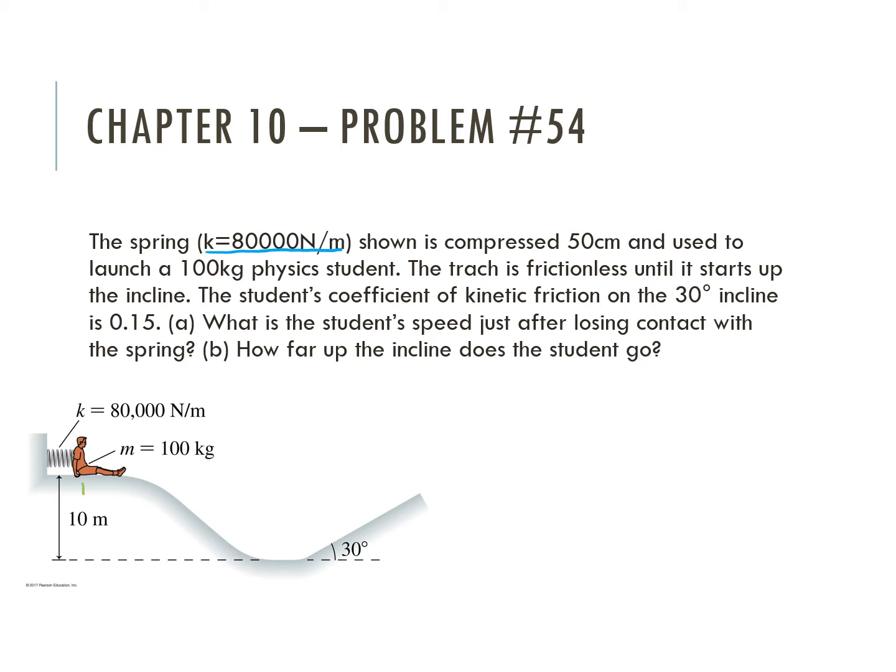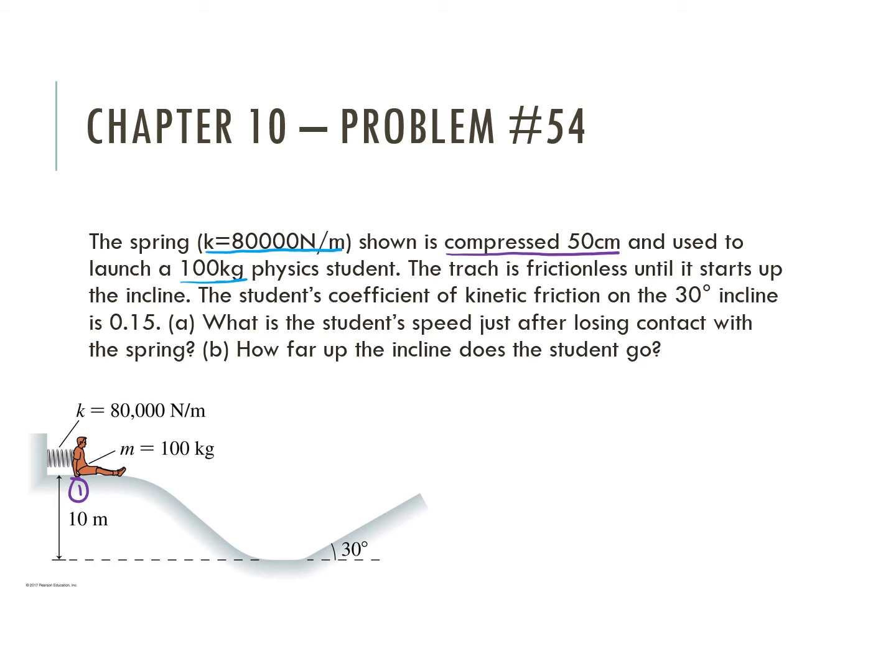So we have point 1, where the student is compressing the spring. That's 50 centimeters. And it is used to launch the student, which is 100 kilograms. Again, the student is probably not going to make it much longer after this question, so might as well make it a nice round number.